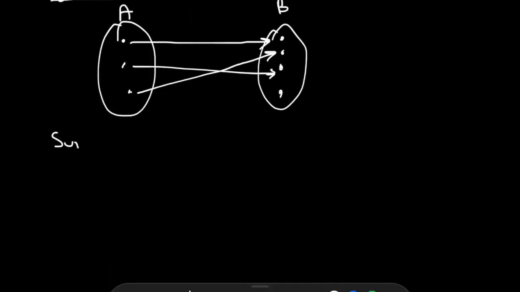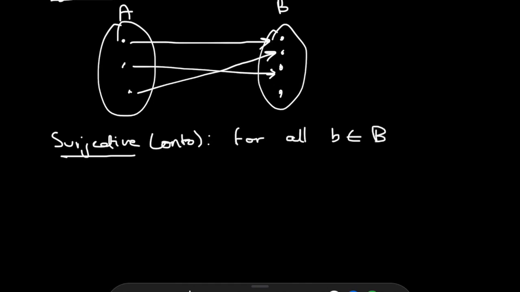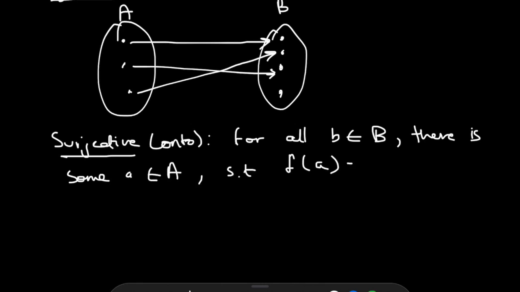So next we have surjective functions, which are also called onto functions. A function is surjective if for all elements b in the set B, there is some a, at least one, in the set A, such that f of a equals b.